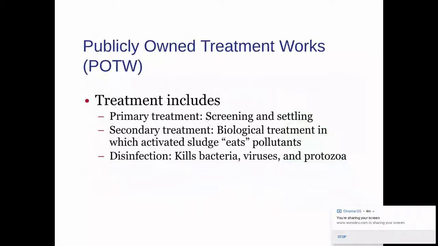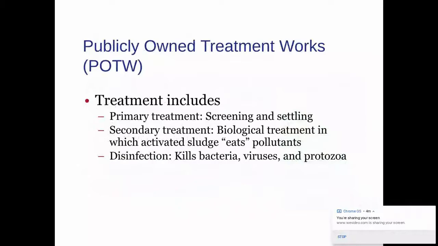Secondary treatment is once this material is put into tanks, you can do some biological treatment where you introduce bacteria or other microorganisms that can break down the solids, and it turns it into activated sludge, and it quote unquote eats the pollutants. So there's a lot of good bacteria out there that can help us in this process. And then the final stage is disinfection.